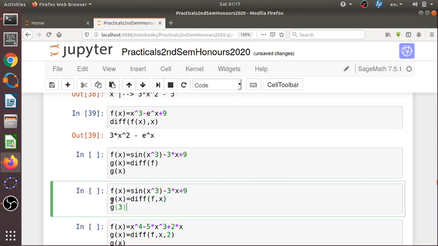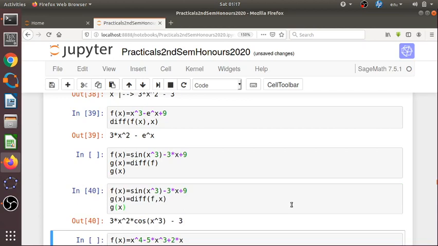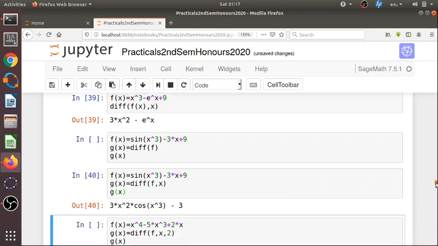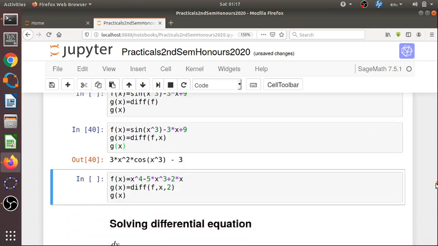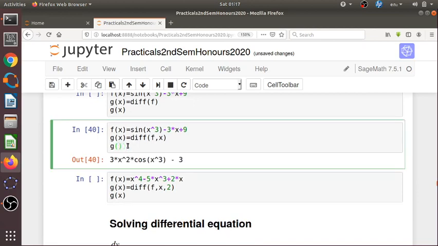Then say I want to show what g(x) is. So let us display it. This is g(x): 3x square into cos of x to the power 3, minus 3. Suppose I want to find the value of g at the point pi. So I write g of pi.